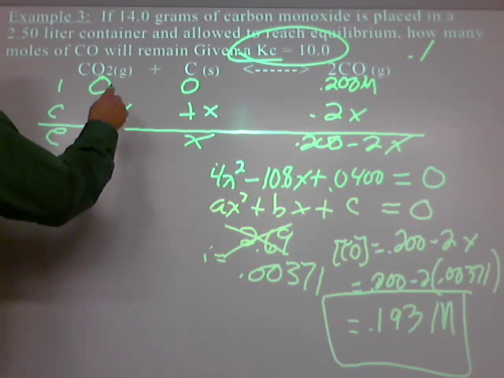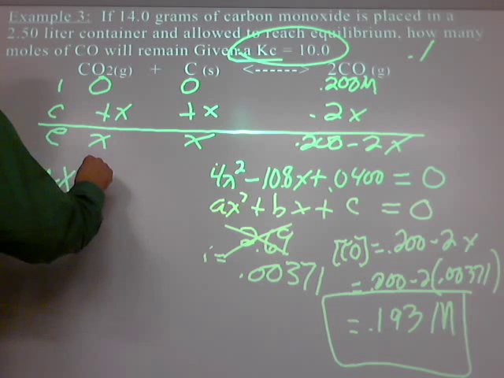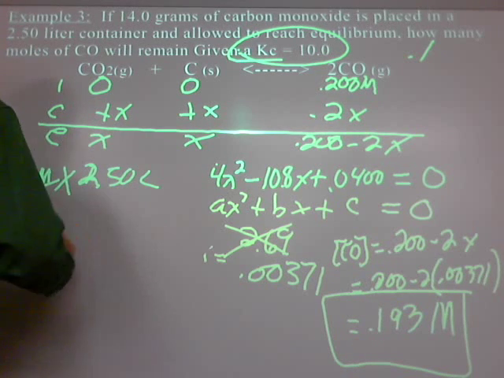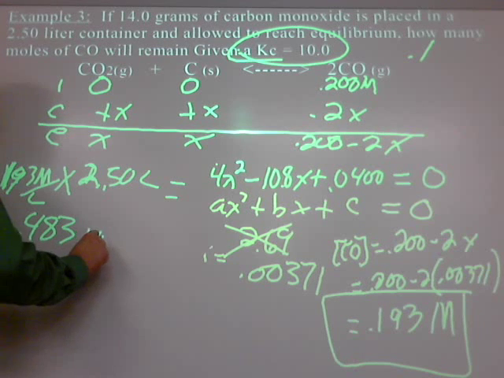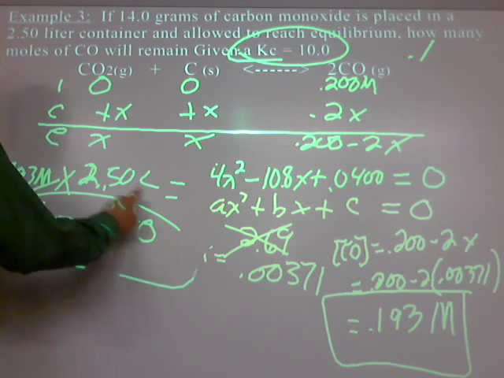And I'm going to multiply by how many liters I have, 2.50 liters, and I'm going to get how many moles of CO are left in that container. It's 0.193. Oh, I'm sorry, I said 1.93. It's supposed to be 0.193. Okay, 0.193 times 2.5. What do you get? 0.483 moles of CO are left in the container.